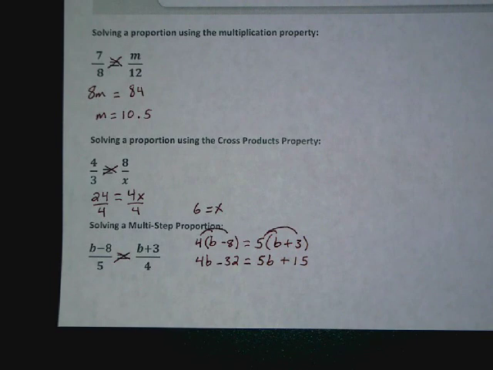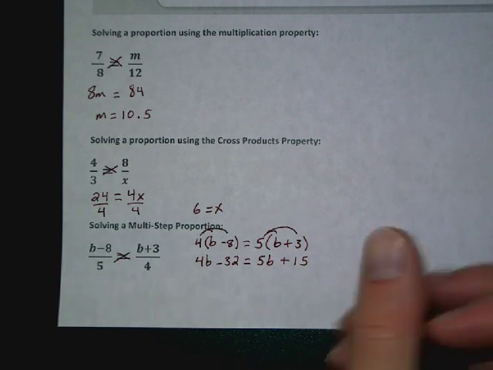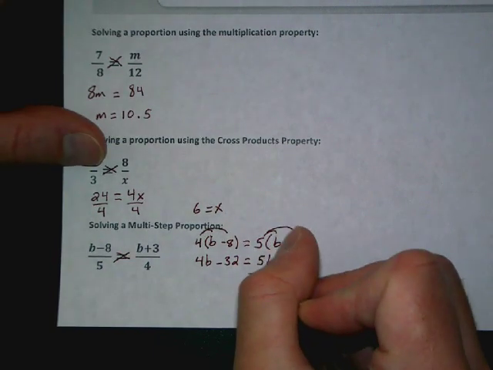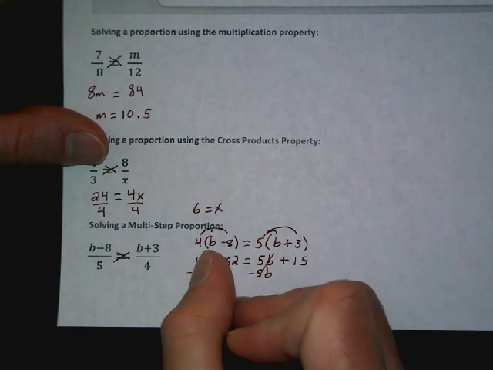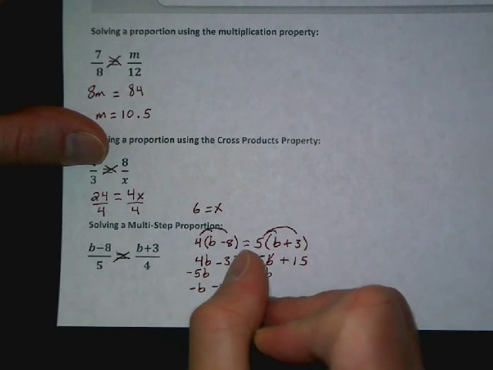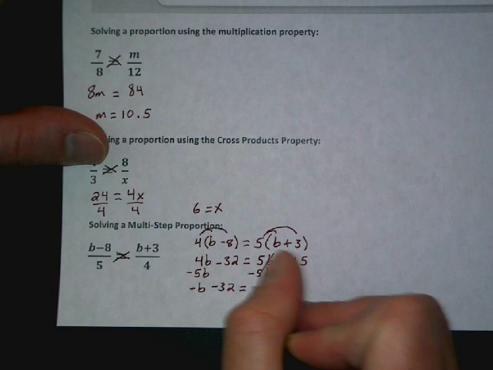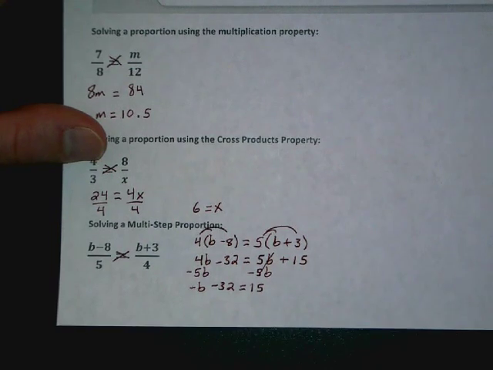Okay, so from there, like the ones we've seen before, you could start anywhere you want. Give me the next step we could do. Subtract, what was it? 5b, okay. So minus 5b gives me negative 1b minus 32 equals 15.